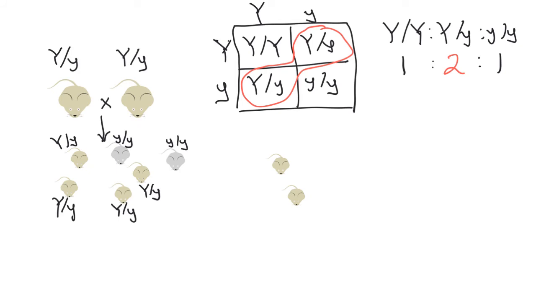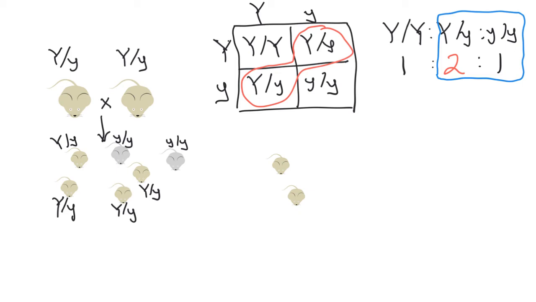That is, the only individuals being produced in a cross between 2 yellow mice are those that are homozygotes for the wild-type allele and heterozygotes. And what's missing are individuals that are homozygous for the yellow mutation that causes the yellow coat color.